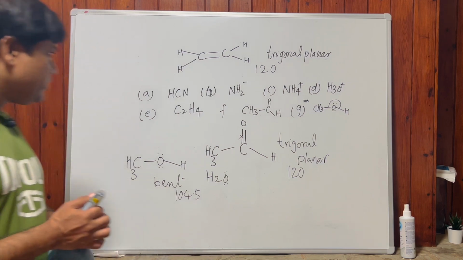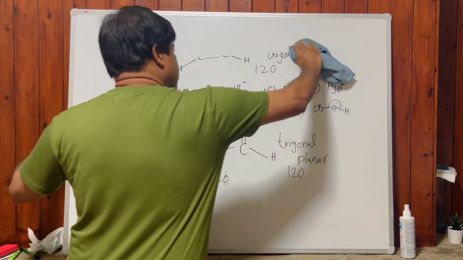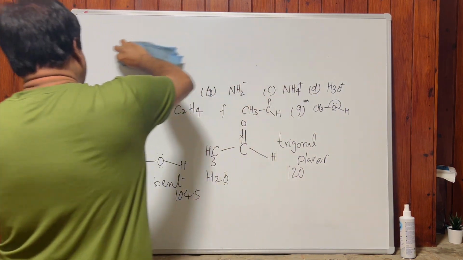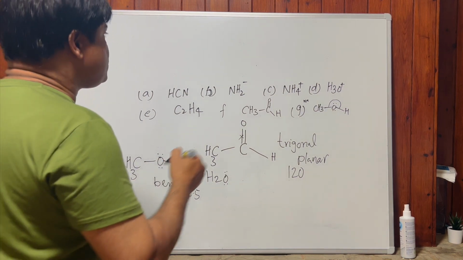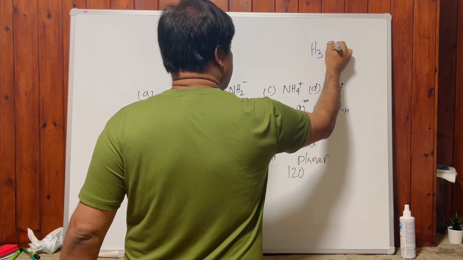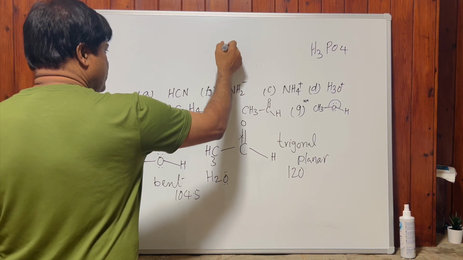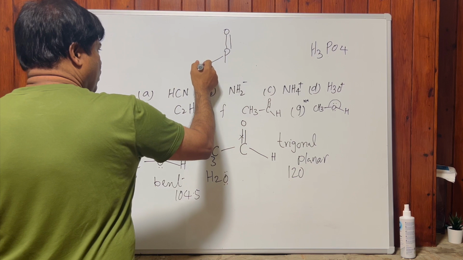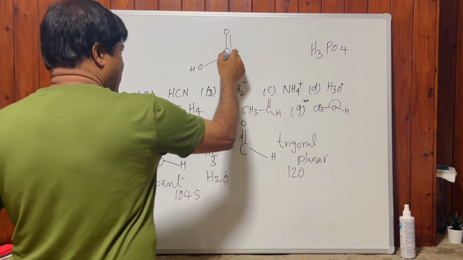Now the last one, the phosphate ion. Phosphate ion comes from phosphoric acid. What is the chemical formula of phosphoric acid? H3PO4. The central atom is phosphorus with a double bond with oxygen, and OH, OH and OH.